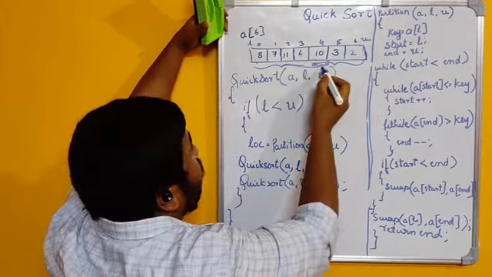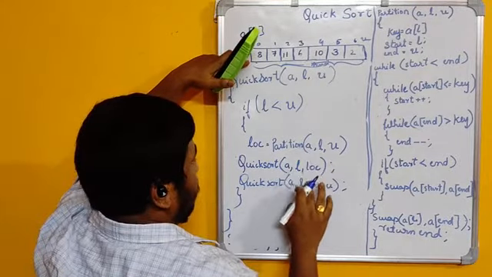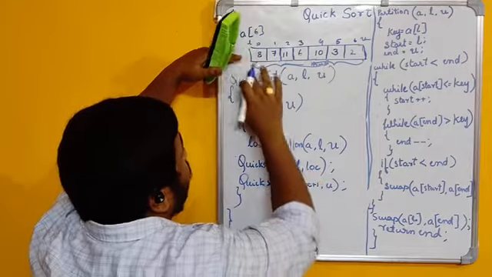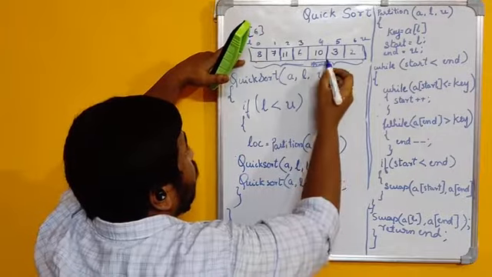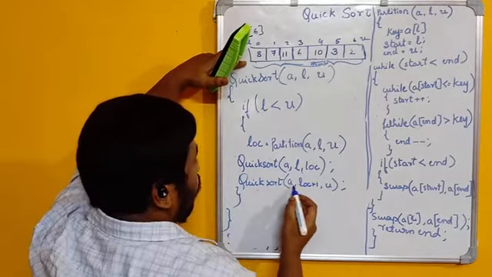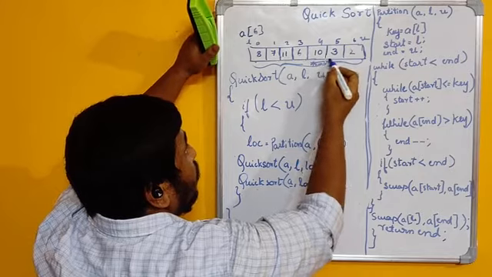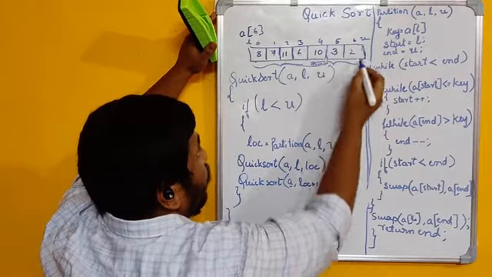So location is 4. So from 0 to 4: array A is passed, L is our lower bound 0, and upper bound is 4 because of location. Till here is one array. And again quick sort is called on array A, location plus 1, meaning 4 plus 1, 5, to the end, upper bound U, 6.